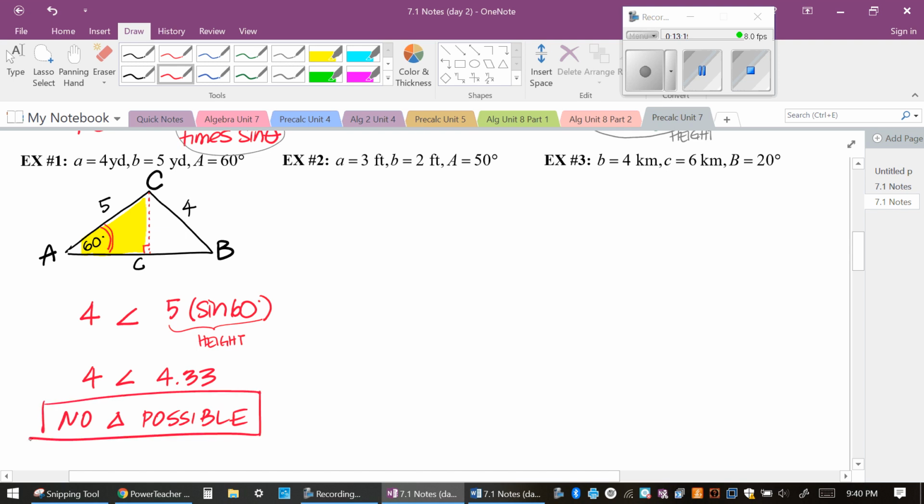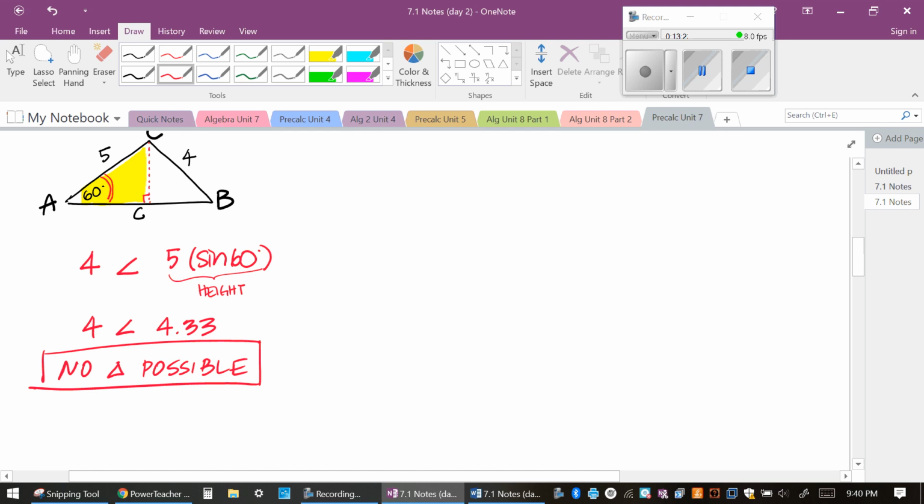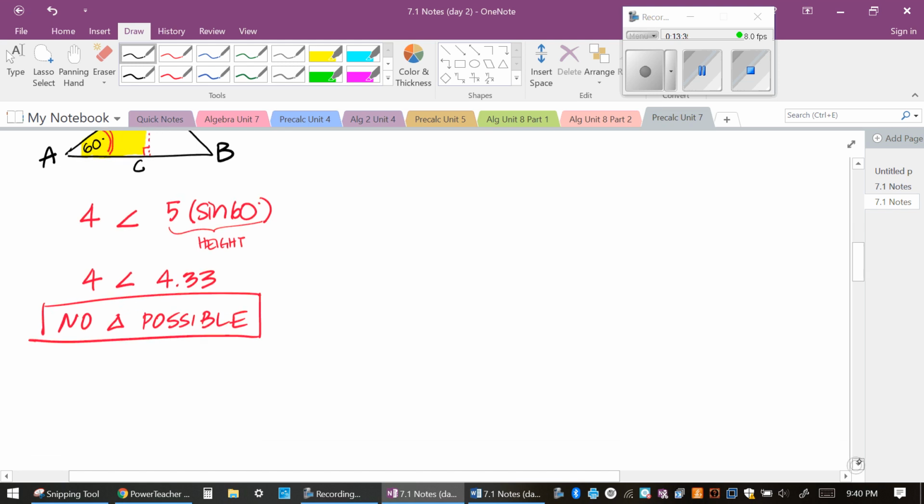If I had sticks, let's say, that were 5 inches long, look at the given lengths, 5 inches long and 4 inches long, and I tried to form a triangle where C, let's say we found C, whatever length it was.